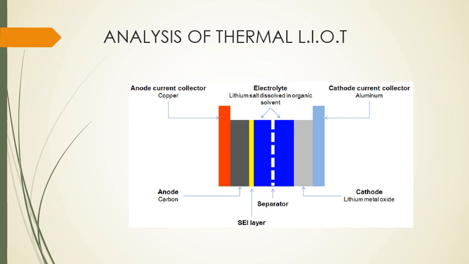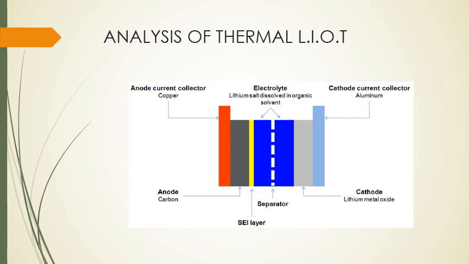Analysis of thermal lithium cell over time. Anode current collector: copper. Electrolyte: lithium salt dissolved in organic solvent with two respective divisions. Cathode current collector: aluminum. Anode carbon separator, and the SEI layer is followed by the electrolyte, lithium salts dissolved in the organic solvent.